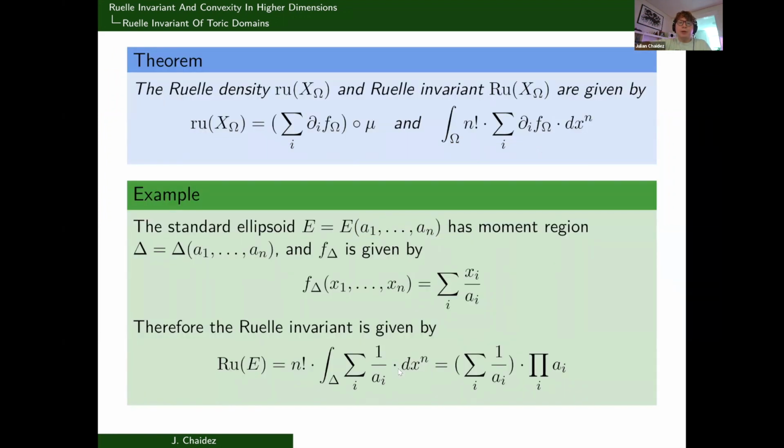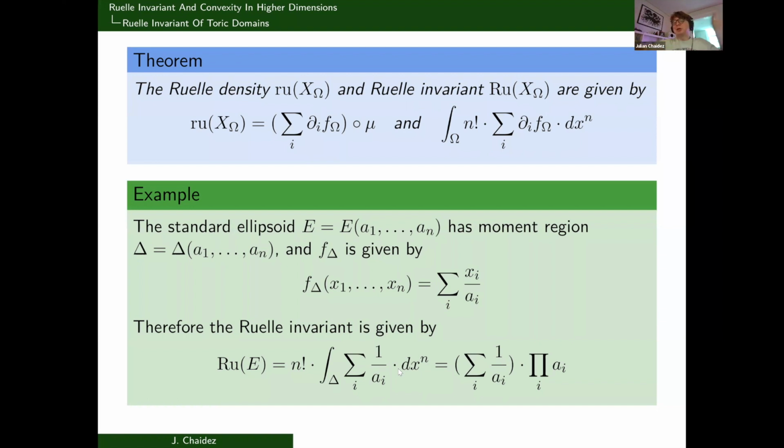And now the theorem is that the Ruelle density and the Ruelle invariant of a toric domain are given by the following formulas in terms of f. First, the Ruelle density is just the sum of the derivatives of f precomposed with the moment map μ. And then the Ruelle invariant is the integral over the moment region Ω of n factorial times the sum of the derivatives, with respect to the standard measure on R^n.